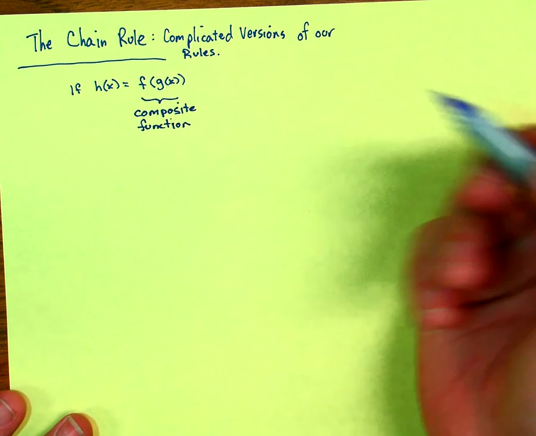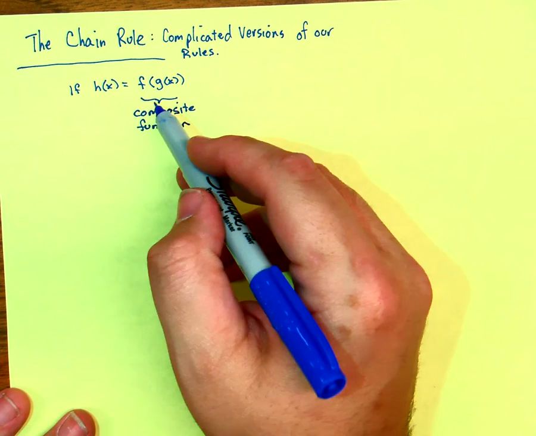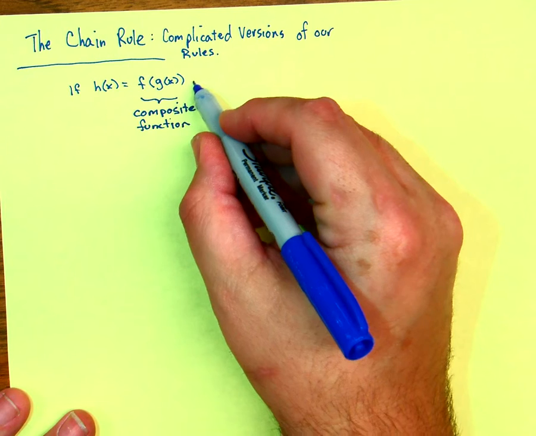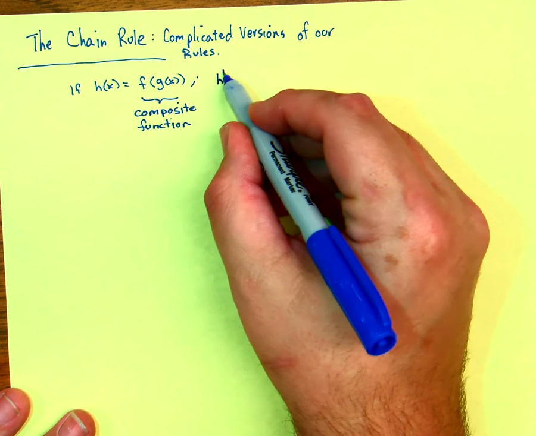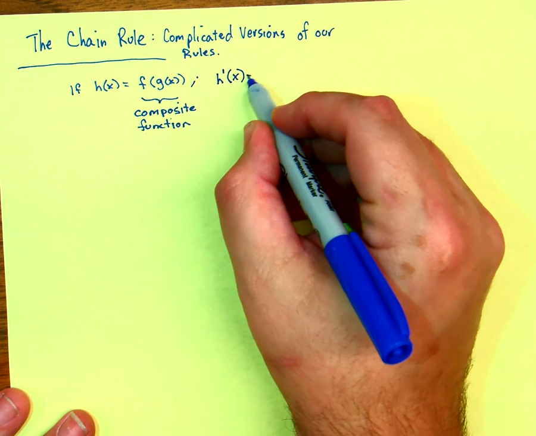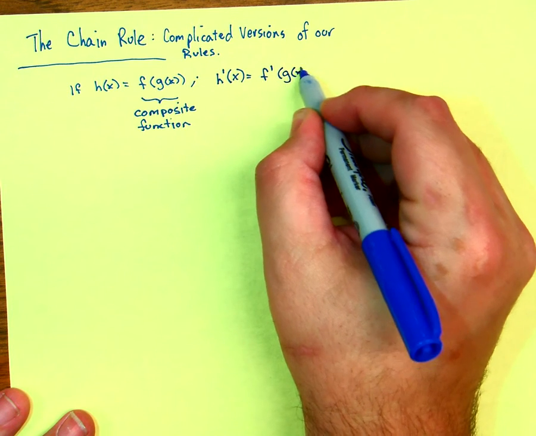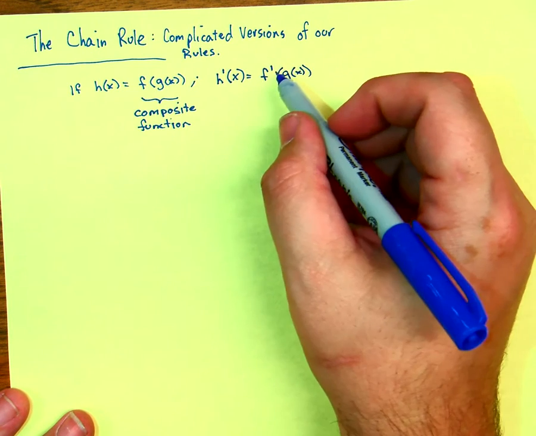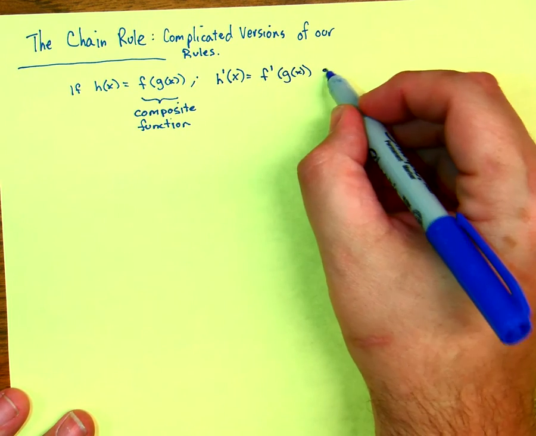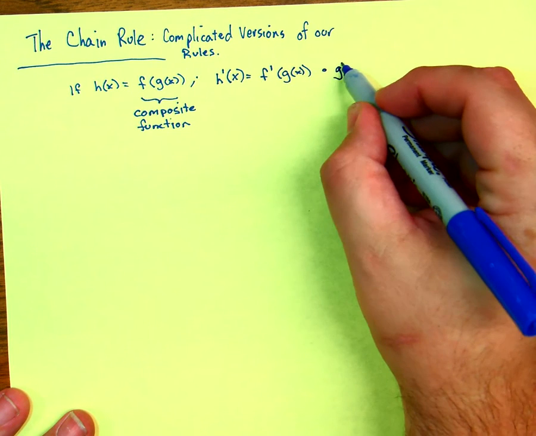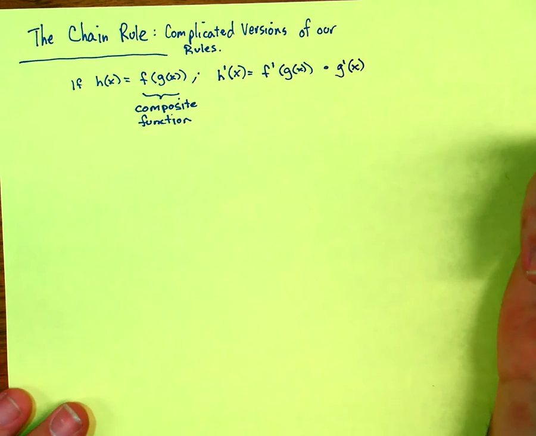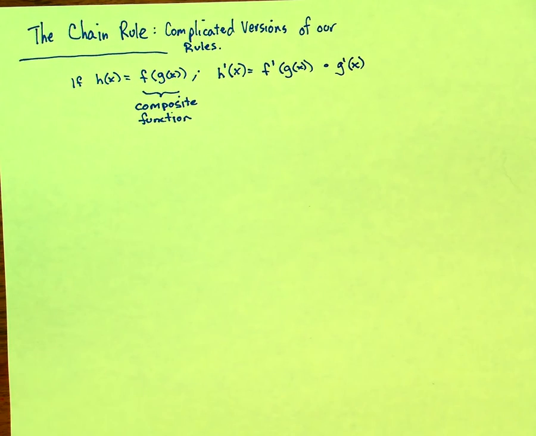That's what the composite function is. h prime of x is going to be equal to f prime of g of x. So you just take the derivative of f, but then we have to multiply it by the derivative of g of x. So that's our rule.